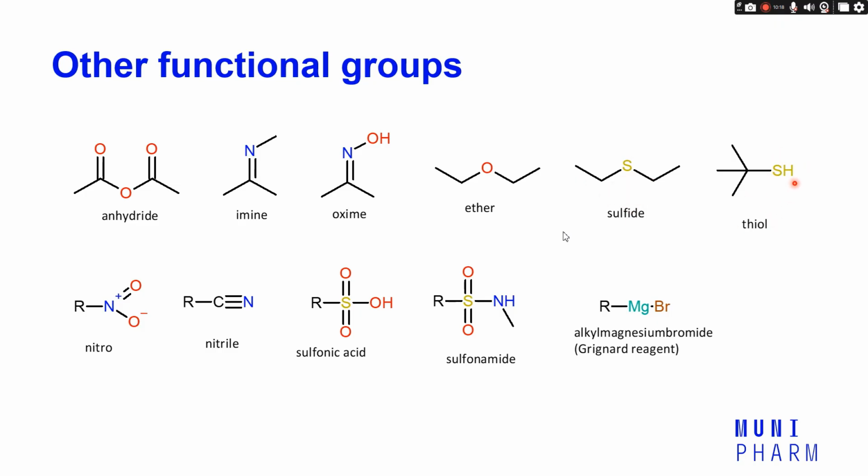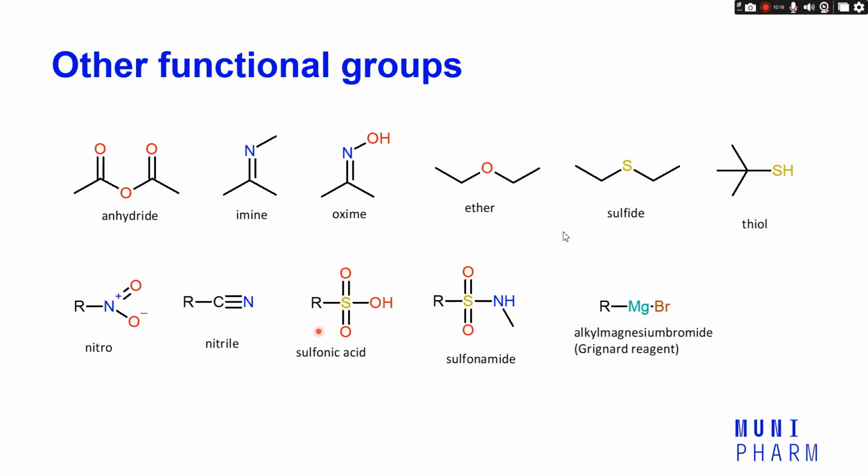The sulfur analogs of alcohols are called thiols. This group is a nitro group. This R may be both aliphatic or aromatic hydrocarbon, the same. R is here, and this is the group. It means carbon with a triple bond to the nitrogen. It is nitrile.